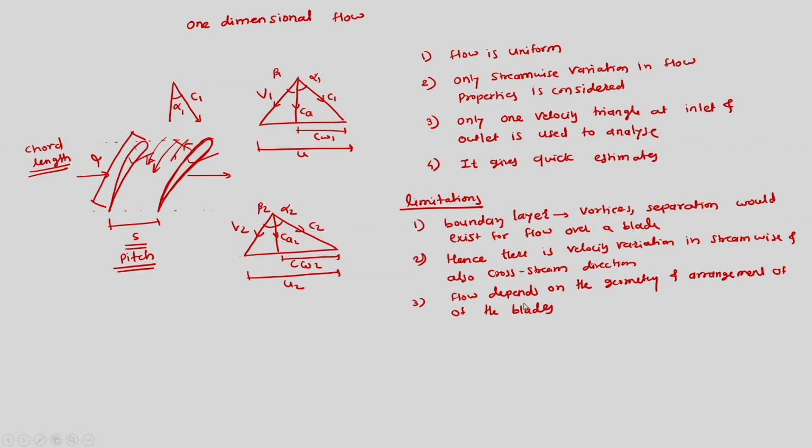Therefore, it is essential to consider the multidimensionality. So, considering these three limitations, we are moving from the one-dimensional assumption to a two-dimensional assumption, where we are considering the variation across the blade passage also.